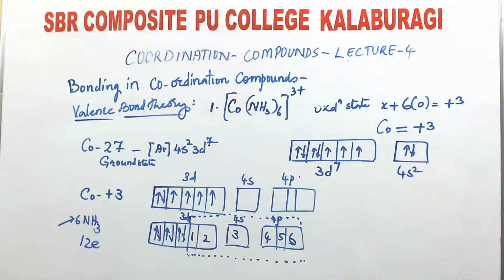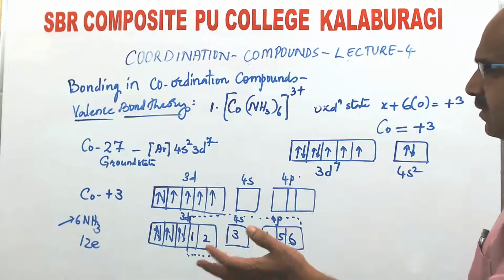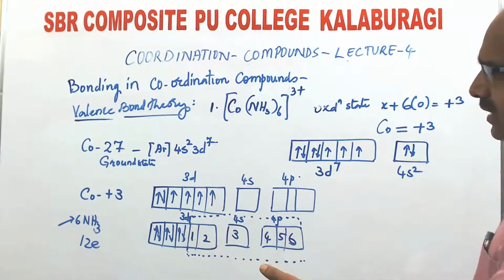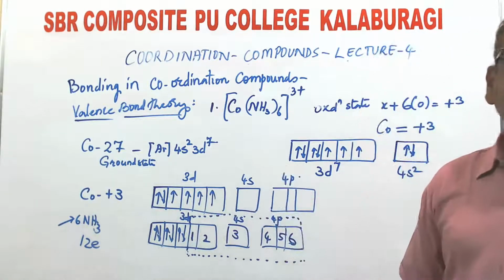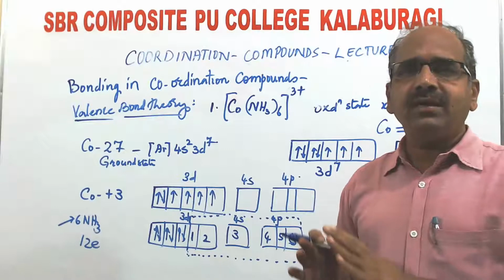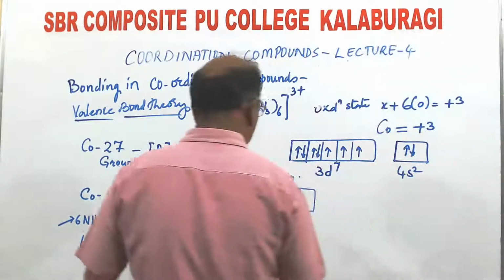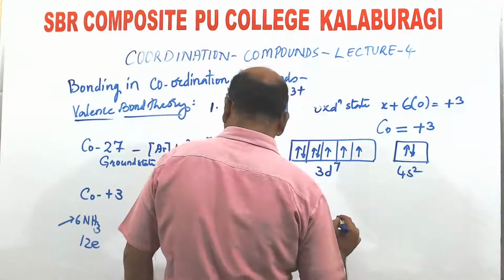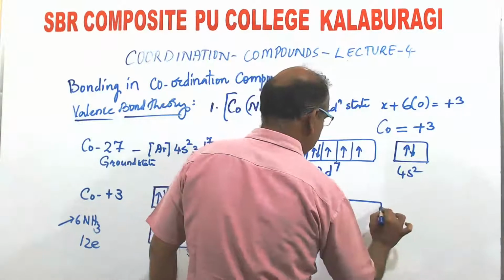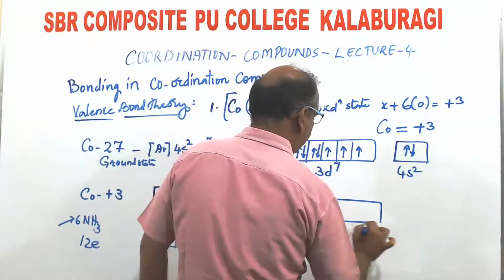What shall happen in the next step? Those orbitals of the 6 ammonia shall overlap with these orbitals of cobalt, and that gives rise to the hexaammine cobalt 3 plus ion. This is how it appears.